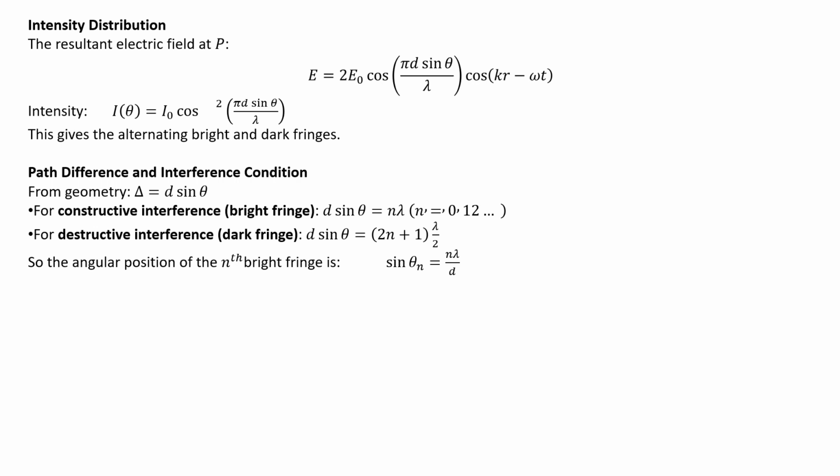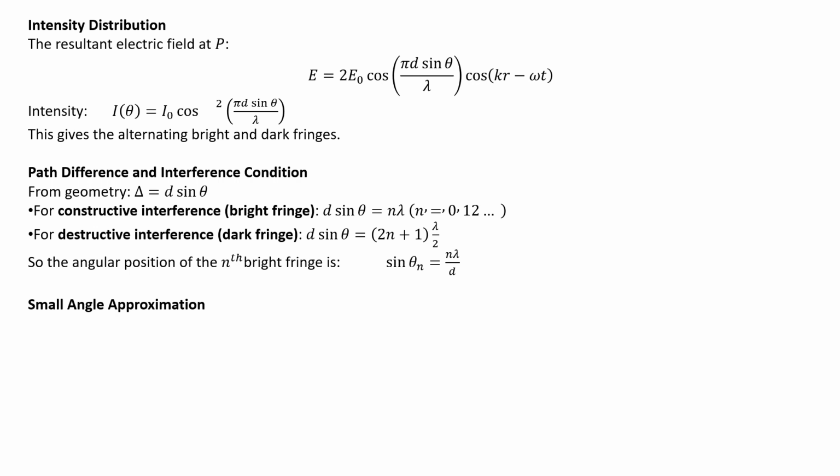So if the nth bright fringe is formed, then the angular position of that nth fringe will be sin theta n equals n lambda upon small d, which is the distance between the slits.